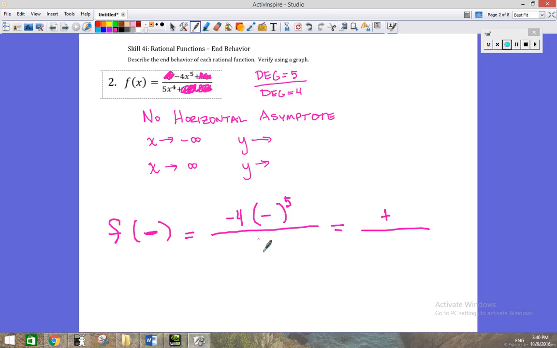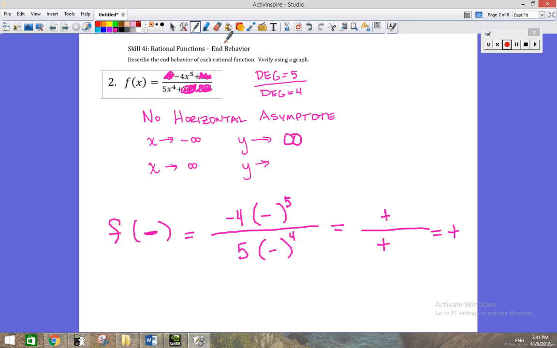And in the denominator, I have 5 times, well, what's important is that it's positive. This negative number is being raised to an even power, so that's going to be positive, and a positive divided by a positive will always result in a positive real number. So I know that as x is going to negative infinity, y is going to positive infinity.